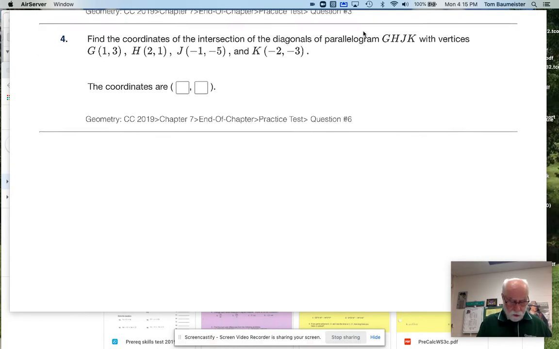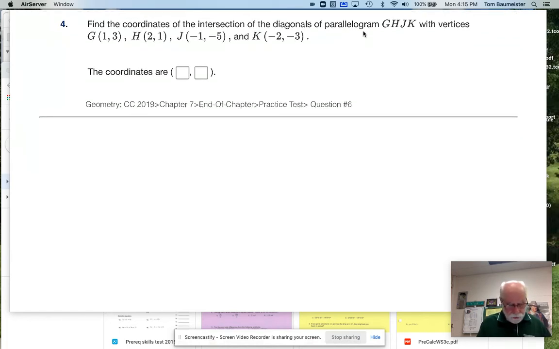So number 4, find the coordinates of the intersection of the diagonals of parallelogram GHJK with vertices G at 1 and 3, H is at 2 and 1, J is at -1 and -5, and K is at -2 and -3. So I kind of just drew a quick parallelogram.